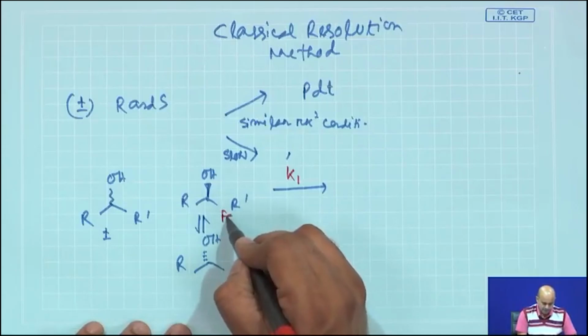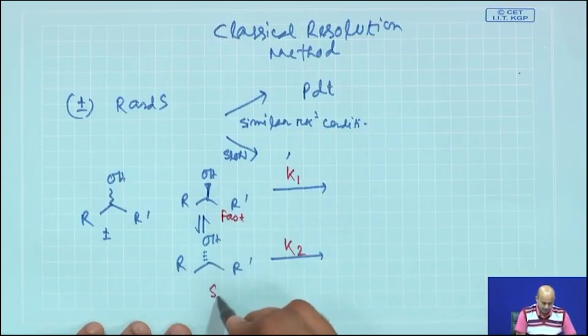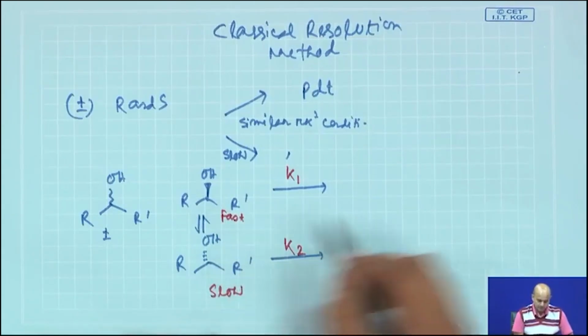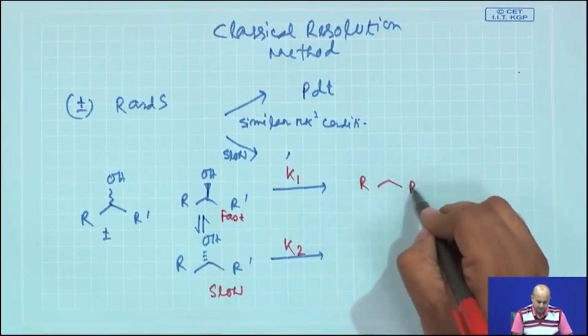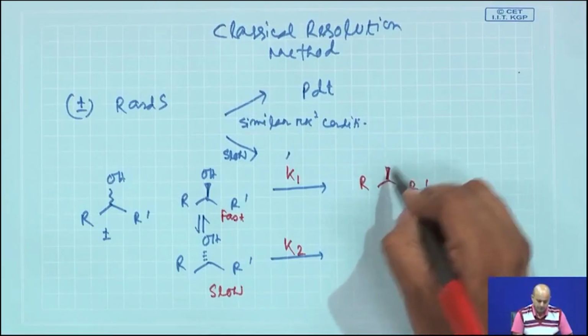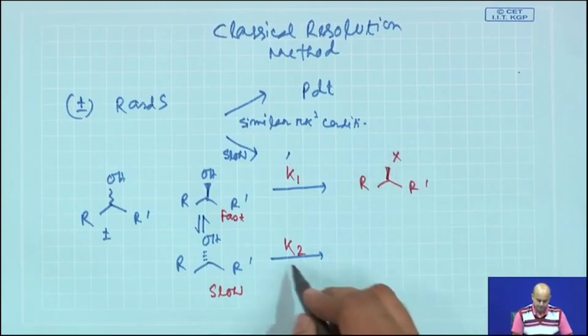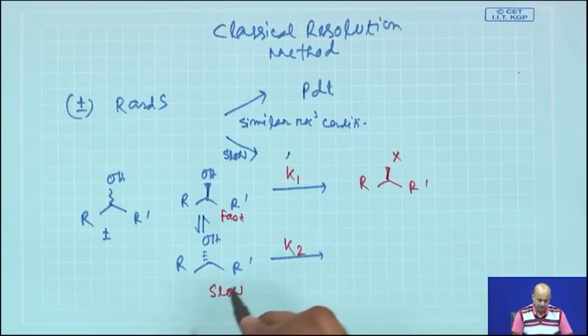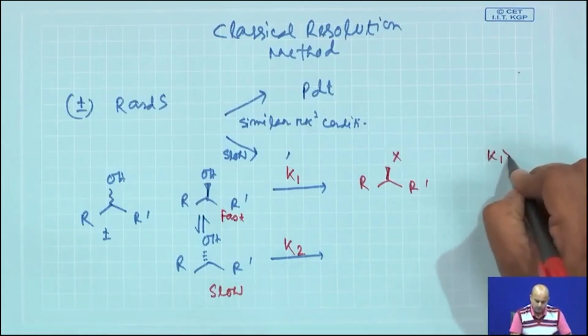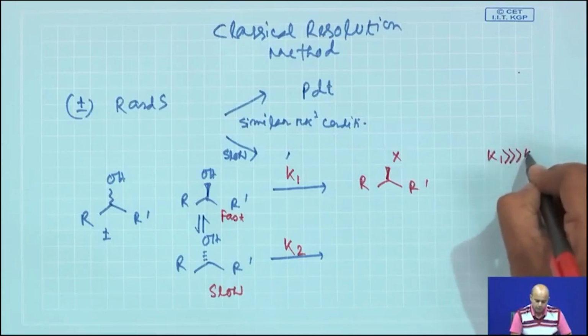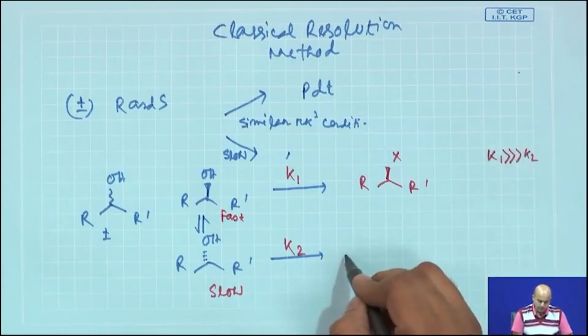This is the fast reacting enantiomer and this is the slow reacting enantiomer. The fast reacting enantiomer reacts in some fashion to give you a compound X. The second enantiomer is absolutely slow reacting, and the prerequisite is that K1 is much greater than K2. So the slow enantiomer remains intact.